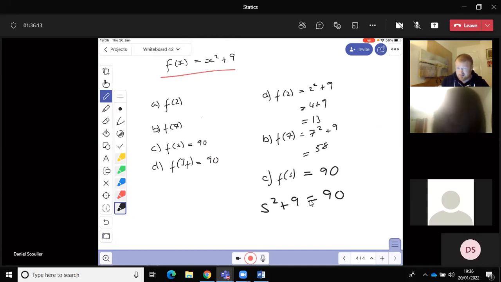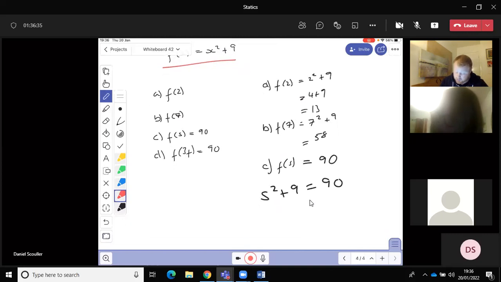Just a wee slight change. They might use a different letter in that expression, so just change that expression to suit that. The input is the important part there. So we're using that same equation, but we're putting in the letter s and we're solving for s.